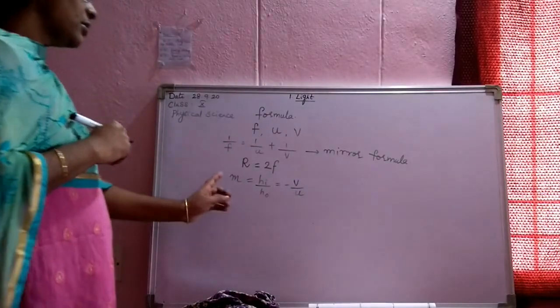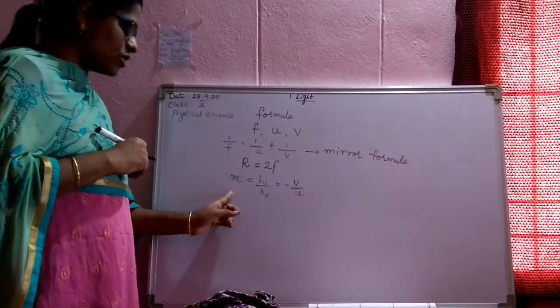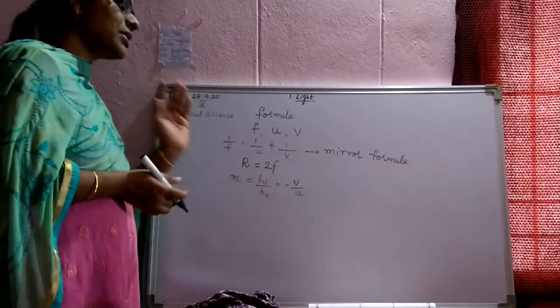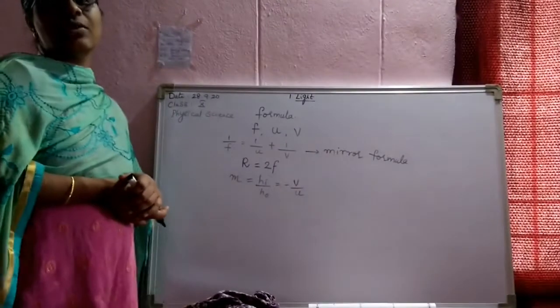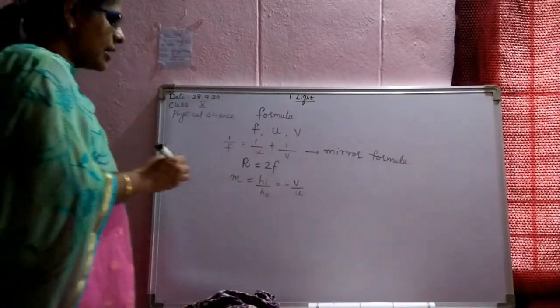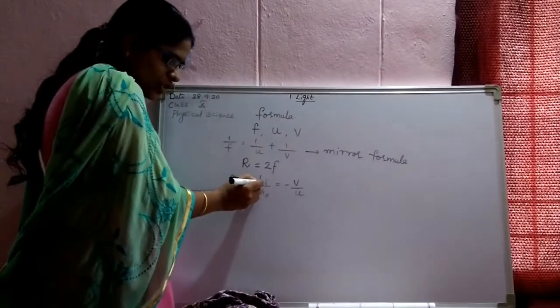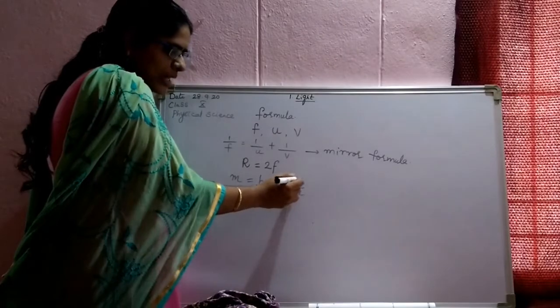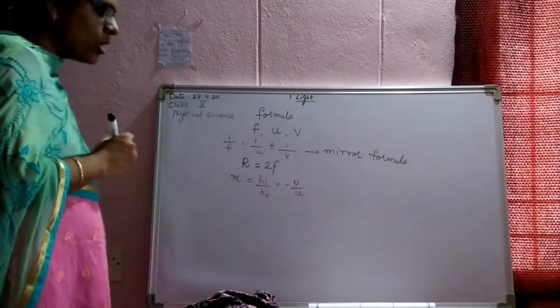Look at children, magnification. These derivations are not there for you, but you must remember these formulas in order to solve the problems. M equal to hi by ho, which is equal to minus v by u.